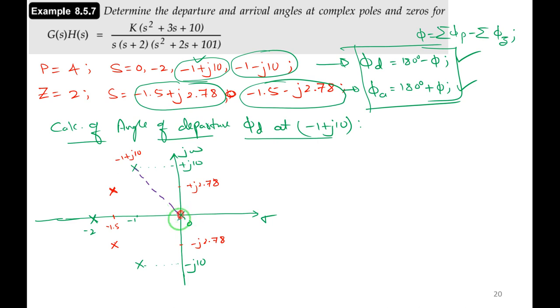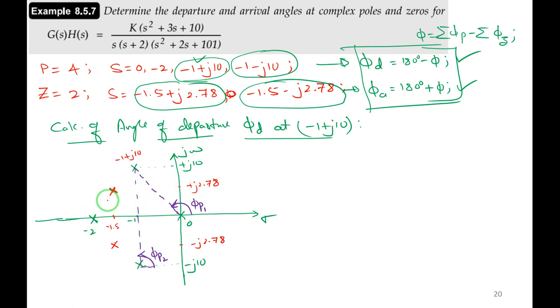The angle subtended by this first pole, I will call phi P1. Then the second pole is here. Let me draw the line here. The angle subtended by the second pole is phi P2. The next, third pole is here.